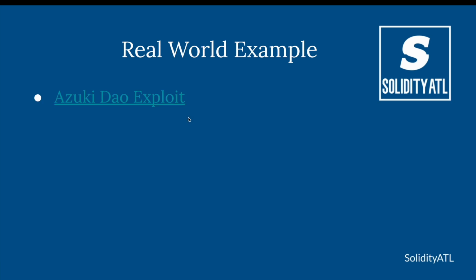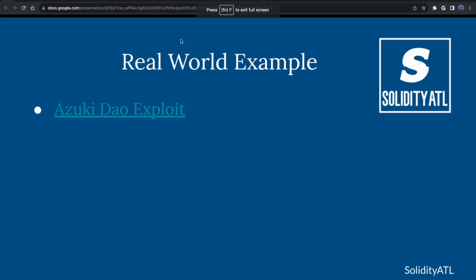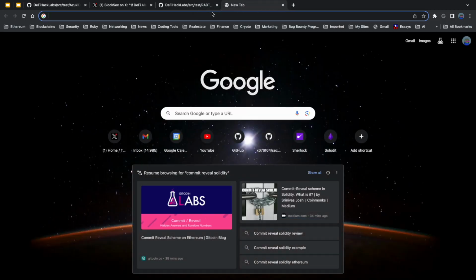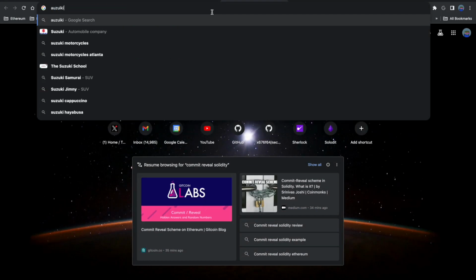All right, so now we're going to take a look at a real-world example of the Azuki DAO exploit. If you aren't familiar, Azuki is a famous NFT collection that had a lot of notoriety last year in 2022.